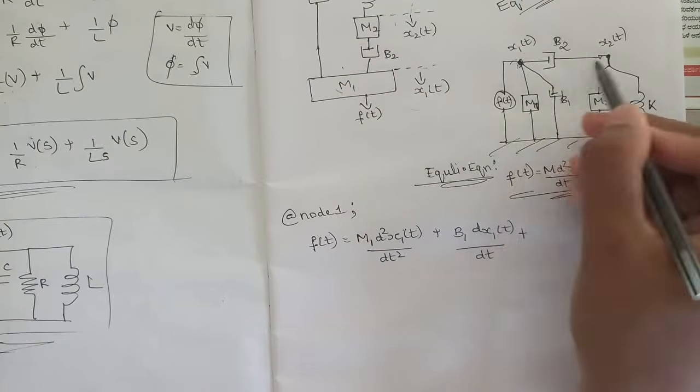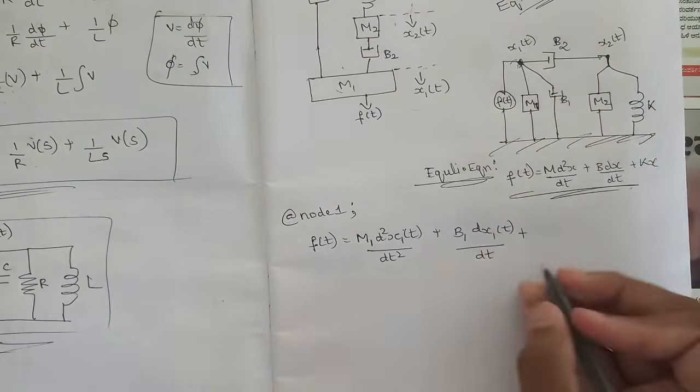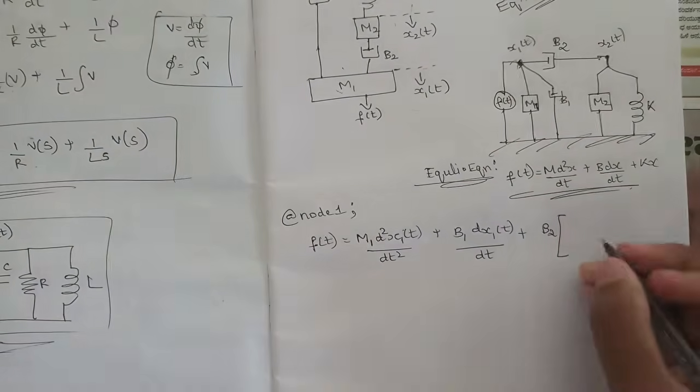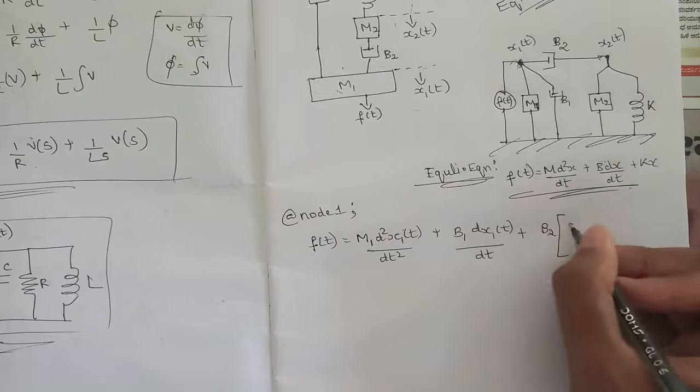It is attached to the same node, right? But it is between these two nodes. So I've told you, we need to take the difference between the two nodes for B2, and we need to write d by dt, right?